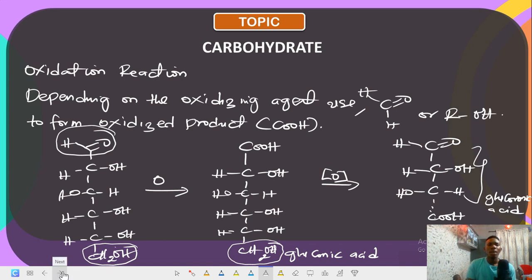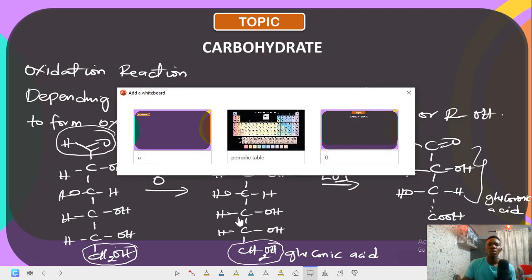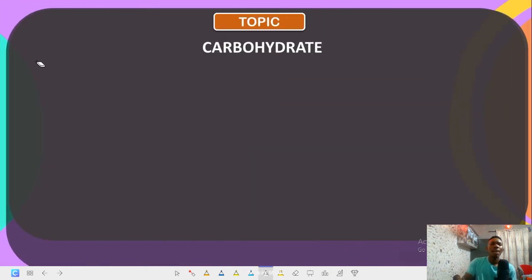Now let's look at the next reaction, reduction reaction. Now if they are reduced, let's say you use sodium amalgam as a reducing agent. Now what is it going to form?